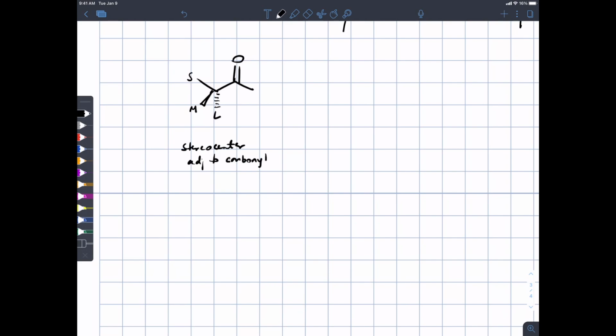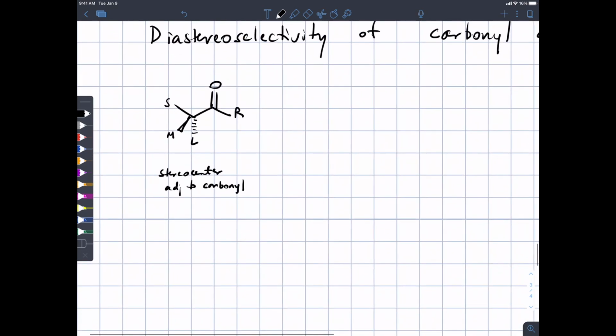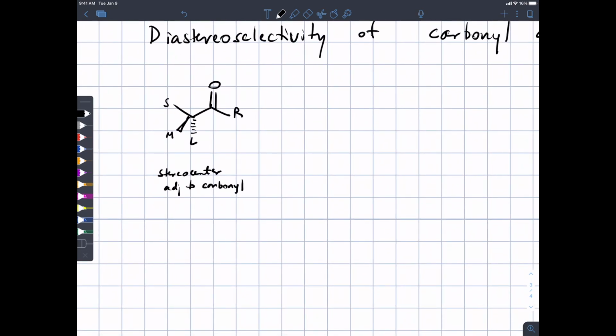The idea is if there's enough of a steric difference between the 3 groups that are attached, you might expect there to be some selectivity for whether you attack from the top face versus the bottom face. We talked about this when we learned about stereochemistry: the top face, as we approach this ketone, is not the same as the bottom face, right?